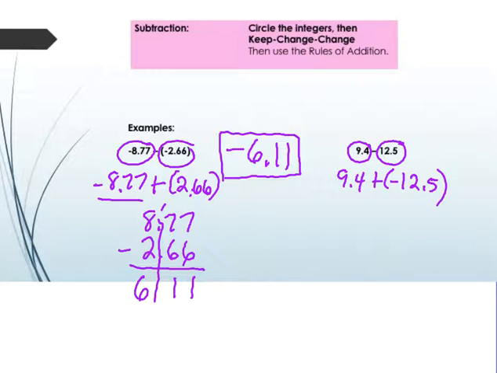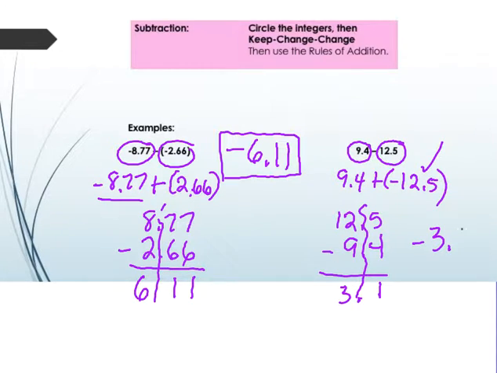You look at the two integers, 12.5 is much larger than 9.4, so it's big, minus small. Make sure our decimals are lined up. 5 minus 4 is 1, 12 minus 9 is 3. 3.1, and our larger number is negative. So our answer is negative 3.1.